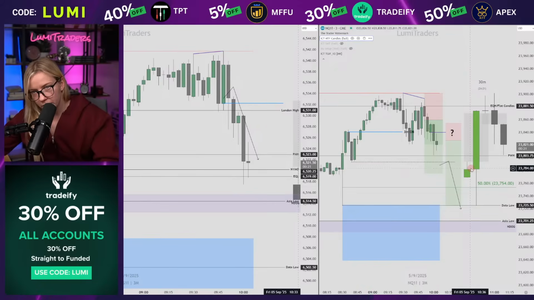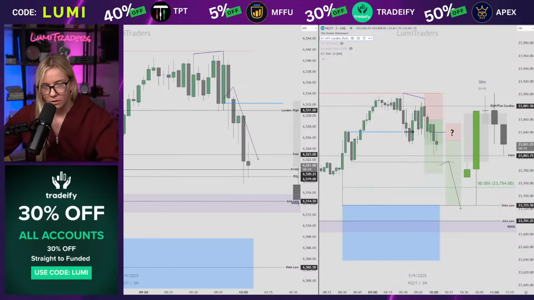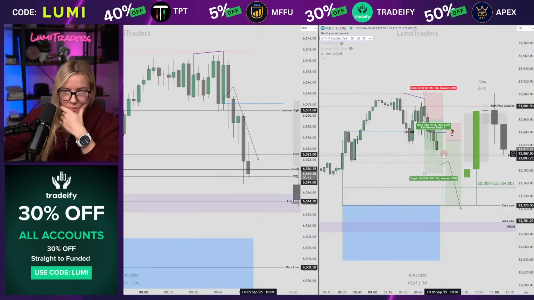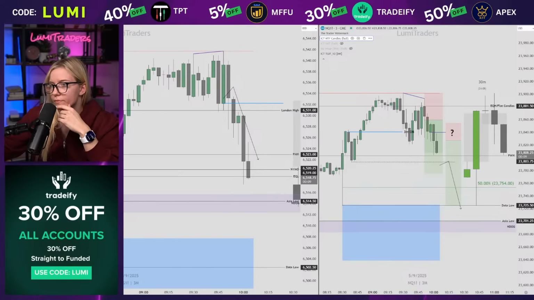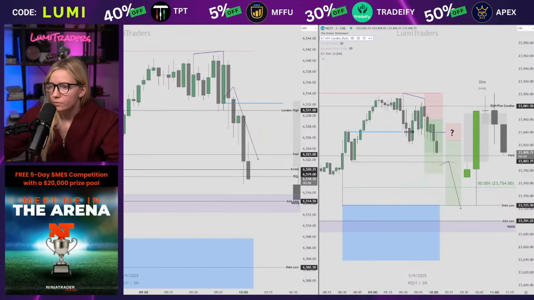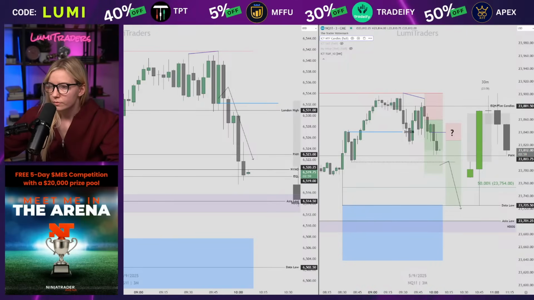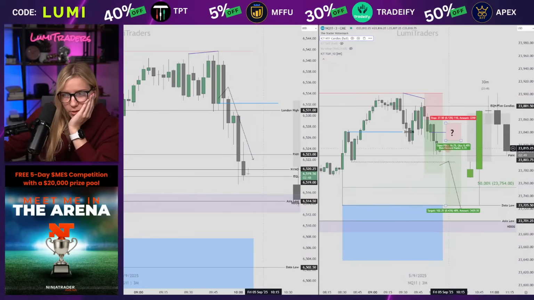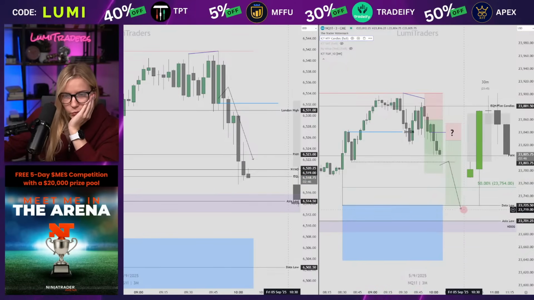So basically this entry, like the current price level, short from here down to data low.